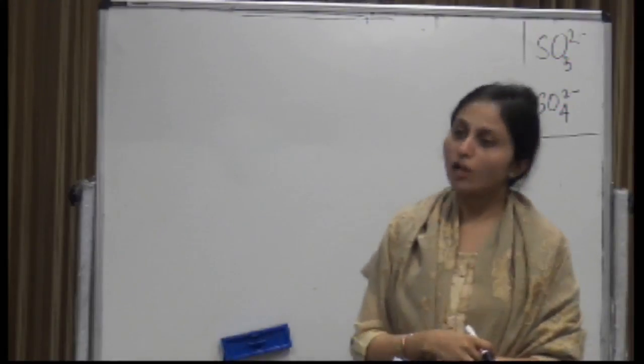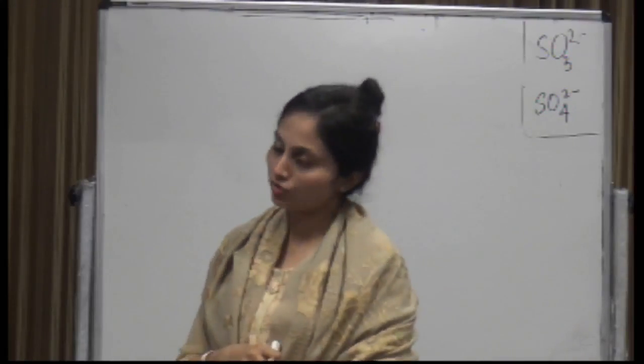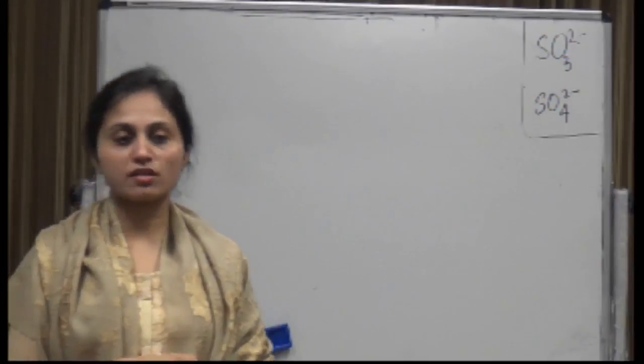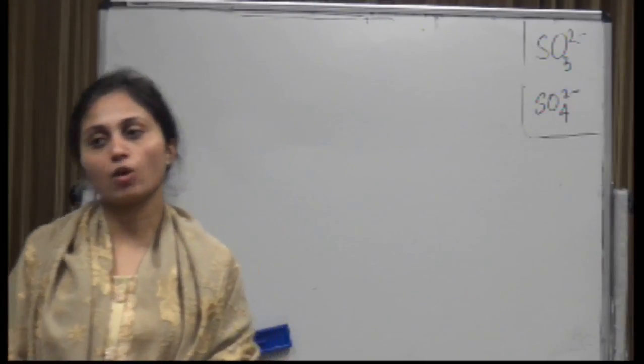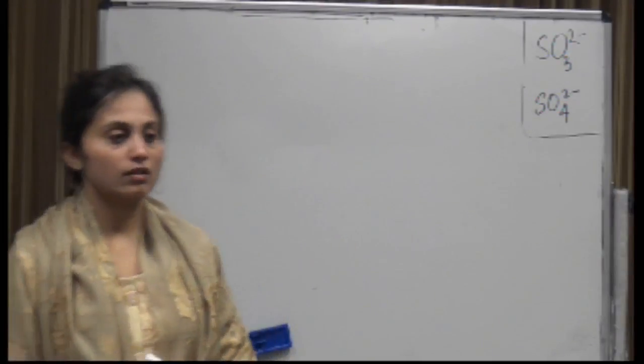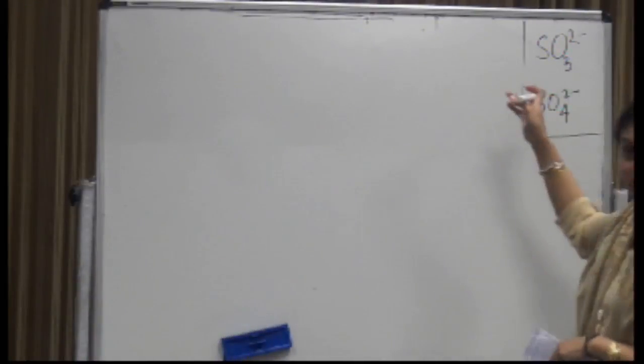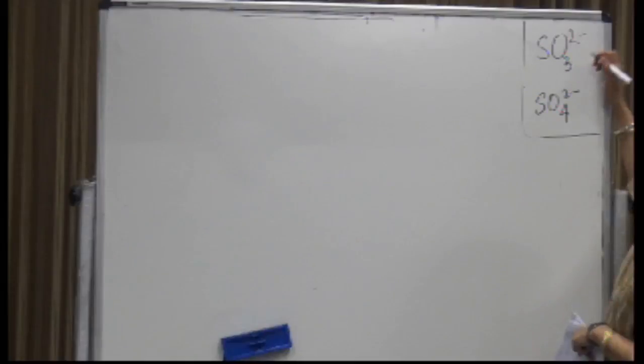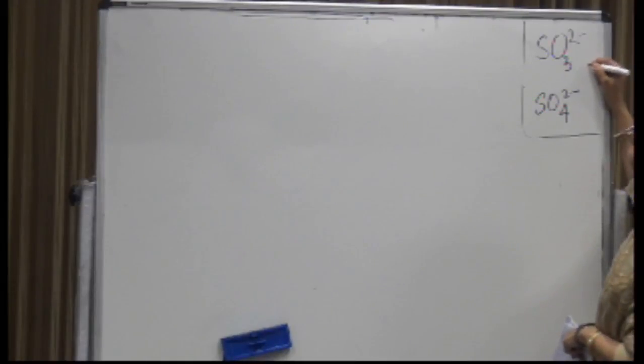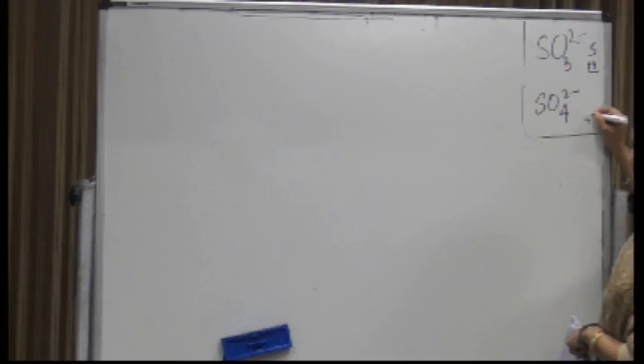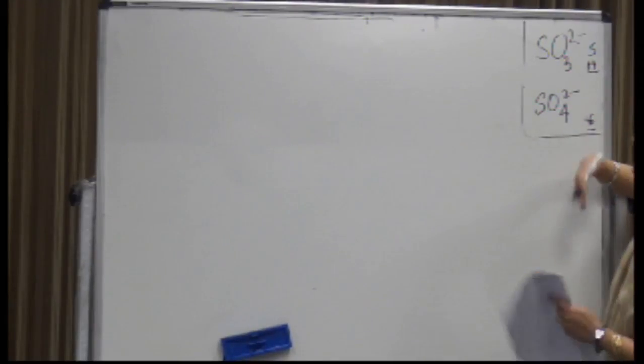Oxidation number is generally the oxidation state also, because the oxidation state is generally signified by the oxidation number only. It is 4 and 6, so again variable oxidation state. You getting the point? So it will be plus 4 for sulfur here and plus 6 here.